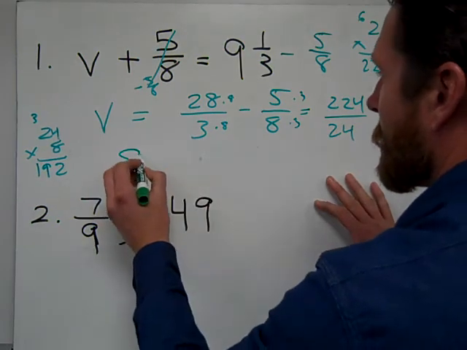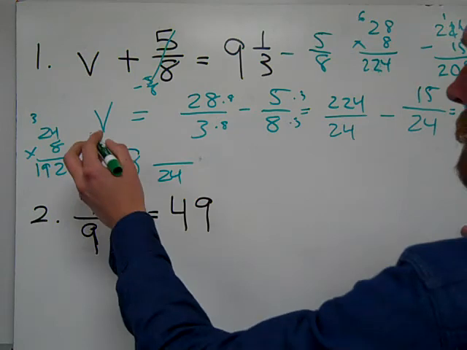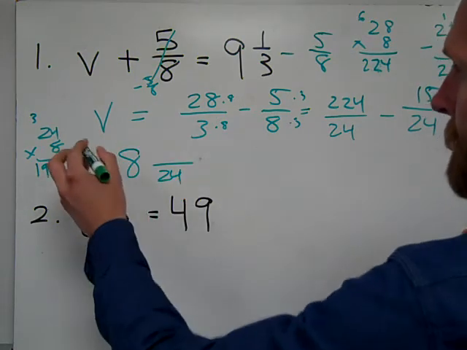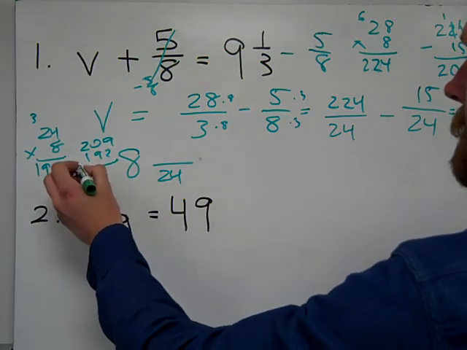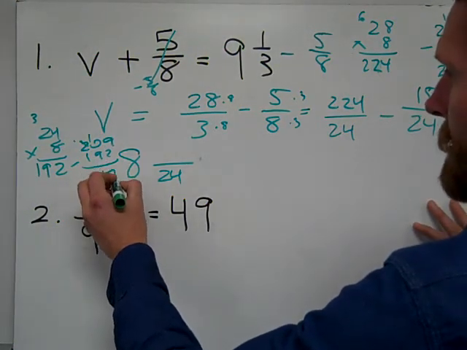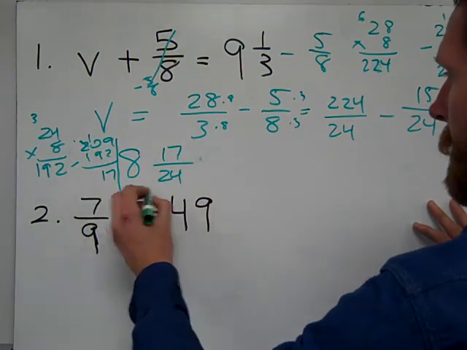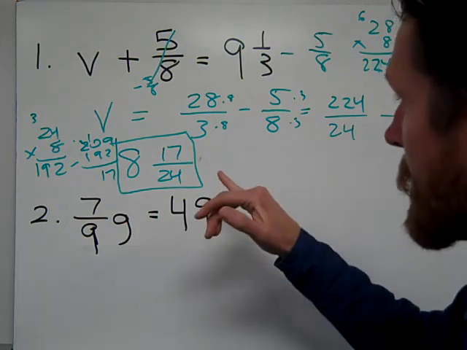So we're going to go 8. And then we have the leftover. 209 minus 192. We're going to have 17. 8 and 17/24ths. Done. Next one.